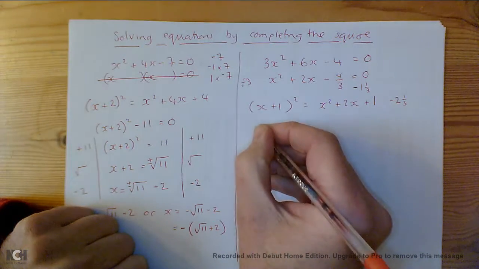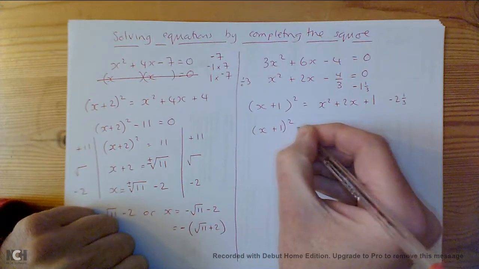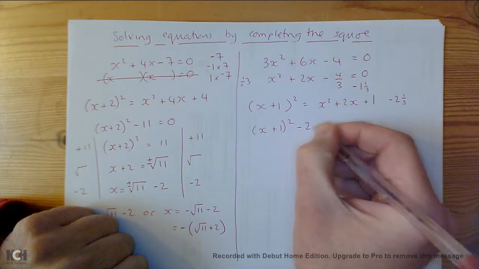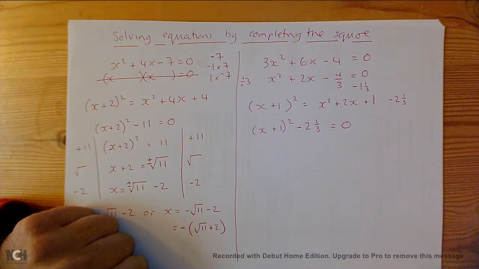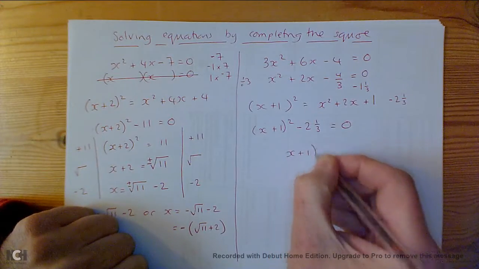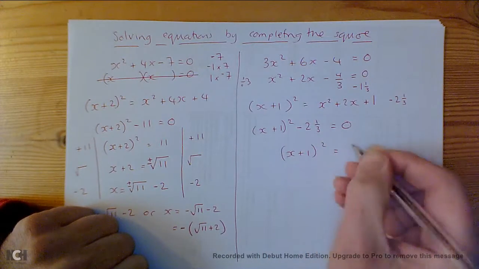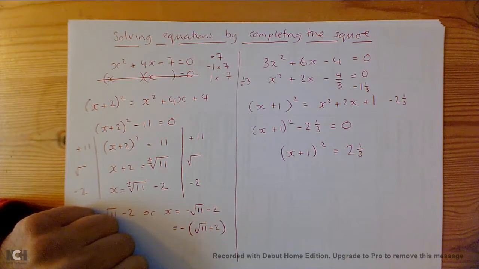So I can therefore conclude that x plus 1 squared subtract 2 and 1/3 is also equal to 0. Now solve by balancing. X plus 1 squared, add 2 and 1/3 to both sides is 2 and 1/3.